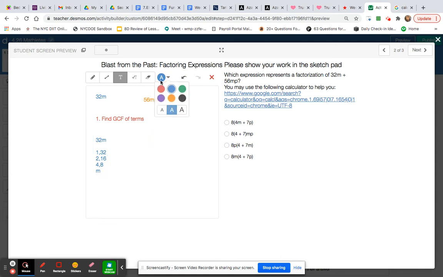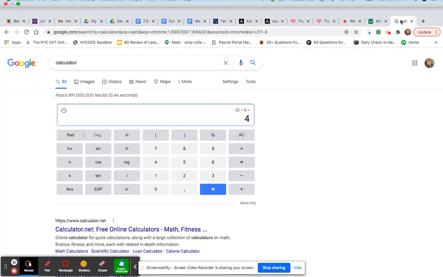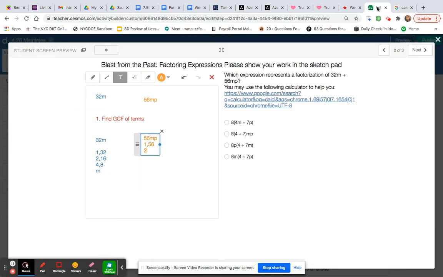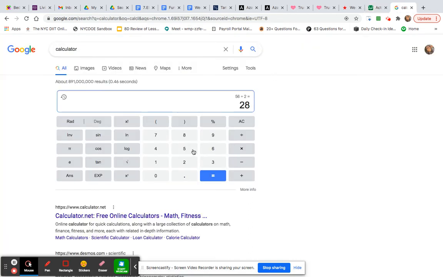Now for 56mp, we're going to do the same process that we did with the 32m. Okay, so I know that 1 times 56 gives me 56. Do the same thing, 2. So 56 divided by 2 gives me 28. So I know that 2 times 28 gives me 56. Then I'm going to do 56 divided by 3 just to check. Doesn't go.